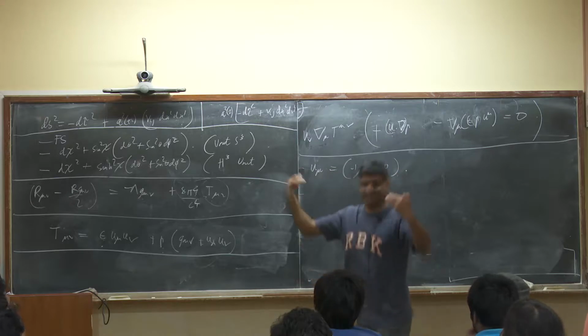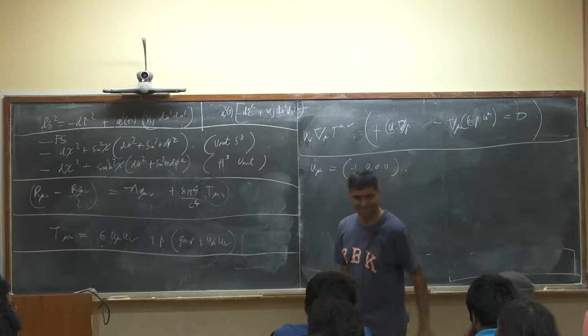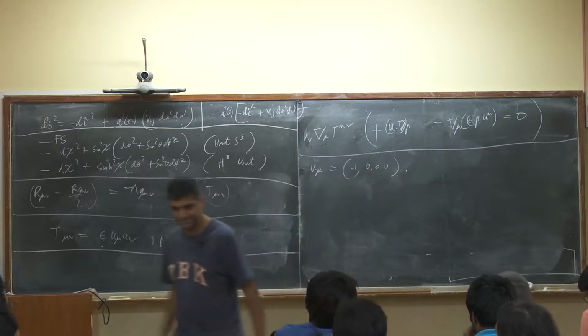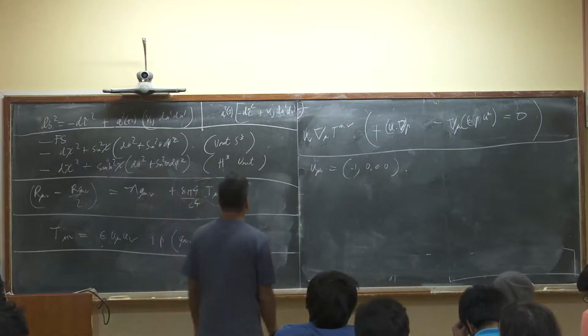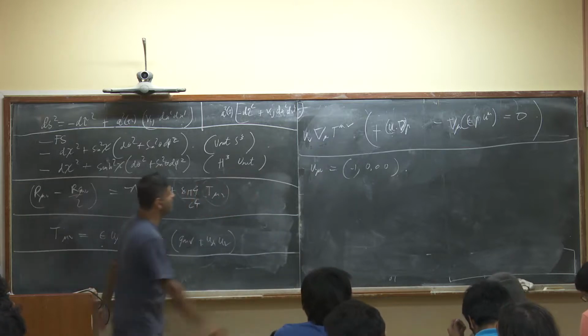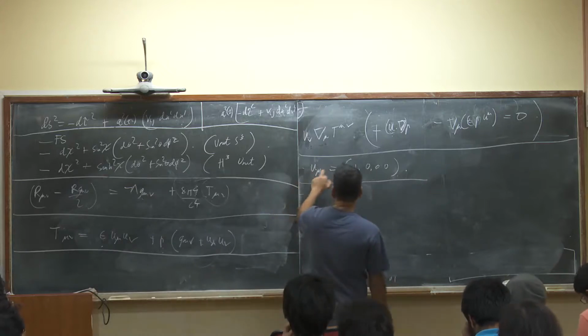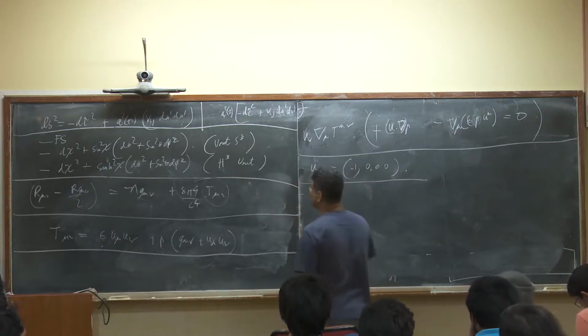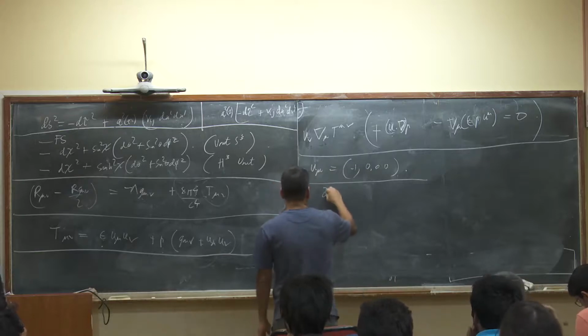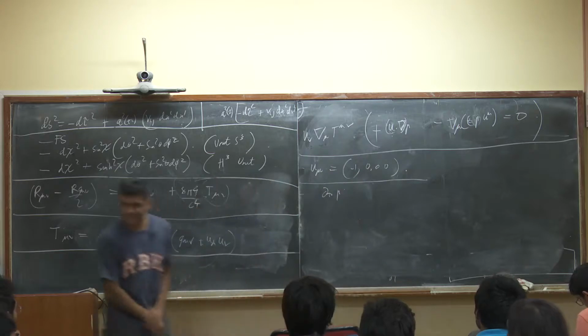So U mu upper will be plus 1 in the time direction. Okay? And so U dot del was simply del T. So this part is del tau of P. Is this clear?